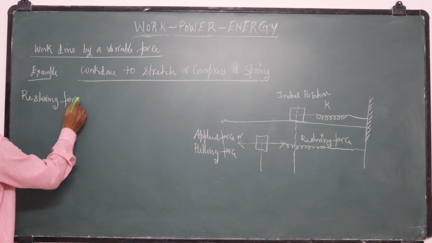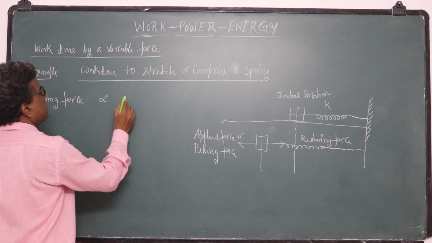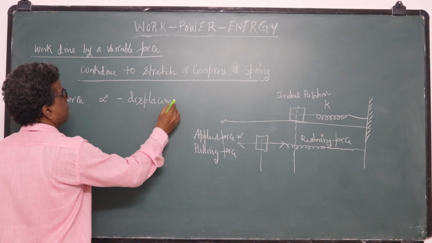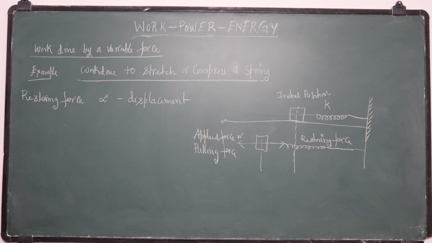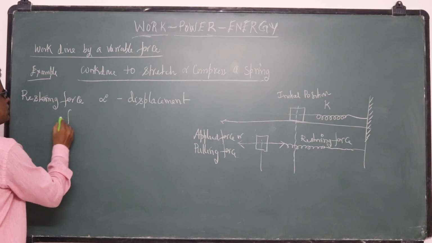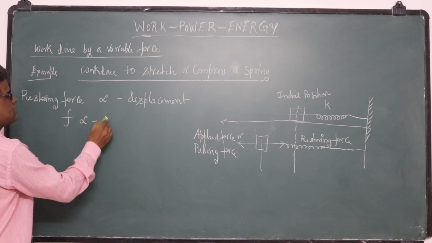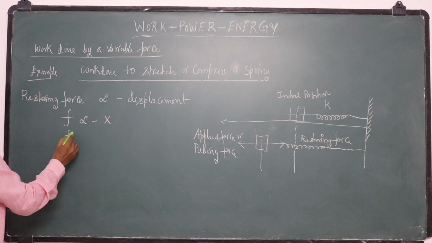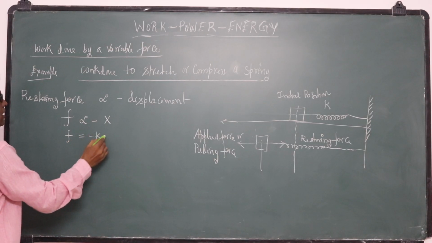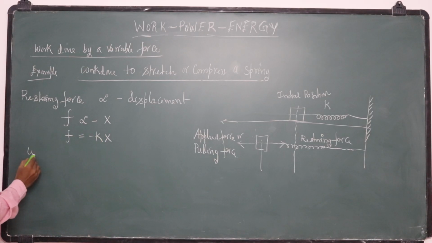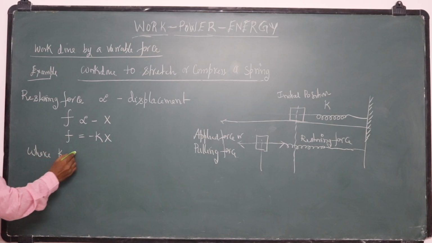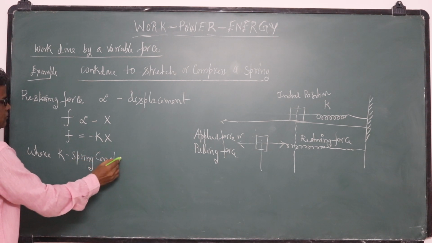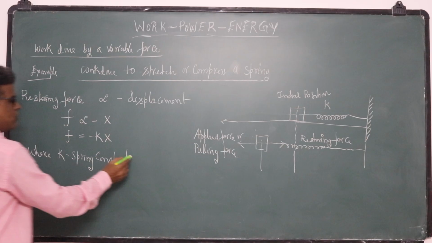The restoring force produced inside the spring is directly proportional to minus displacement, as we discussed earlier. So the restoring force F is proportional to minus displacement, let it be x. So F is equal to some constant K into x, where K is the spring constant, or force constant.